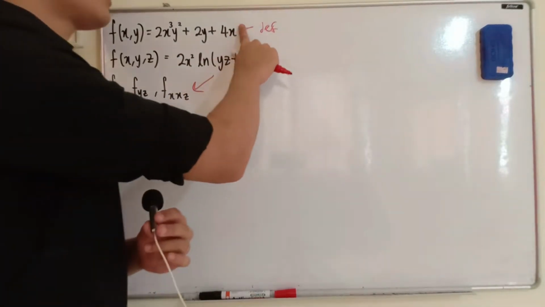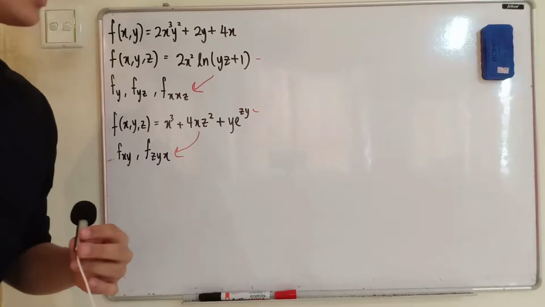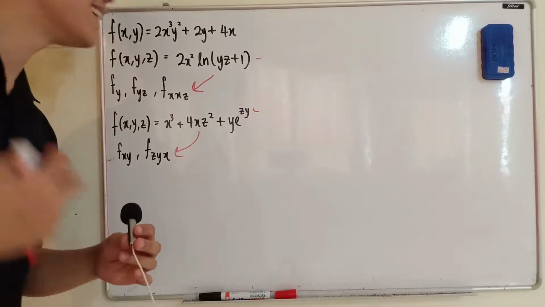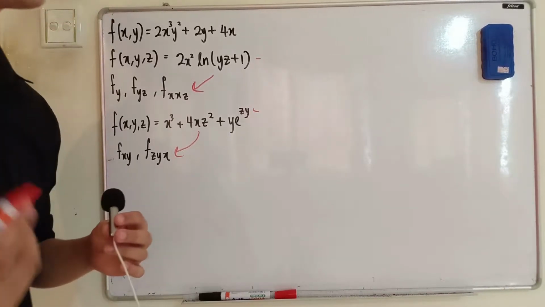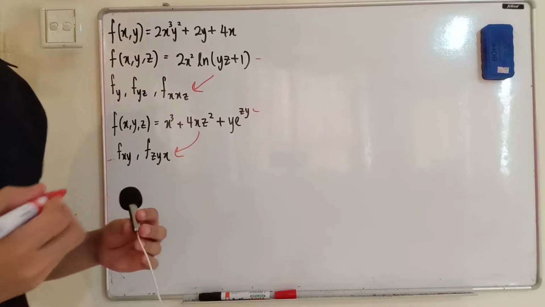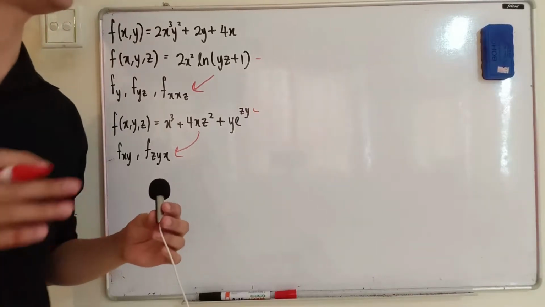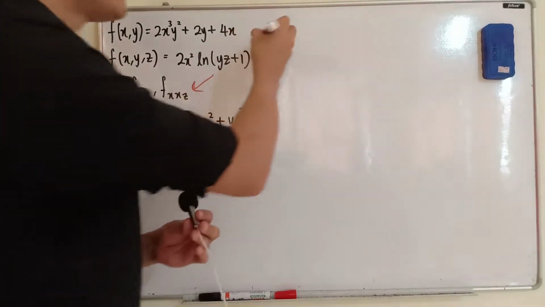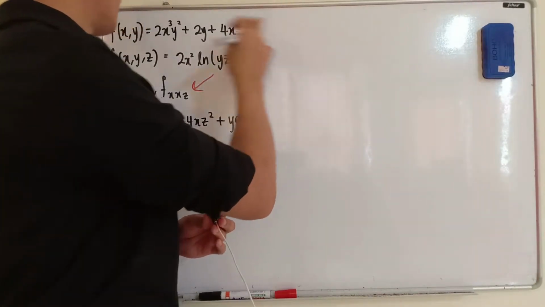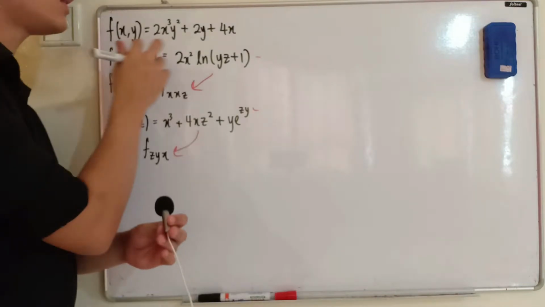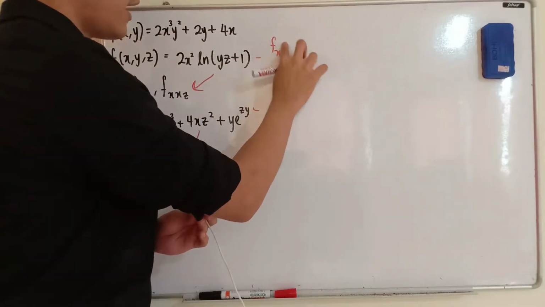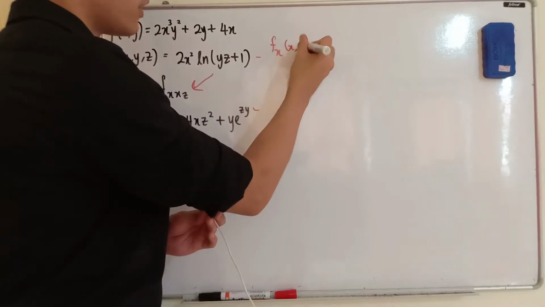So now the first question is what we're going to solve by using the definition of partial derivative. The definition of partial derivative is just like the definition of derivative, using the same formula. Let's say I want to find f of x, y over here.